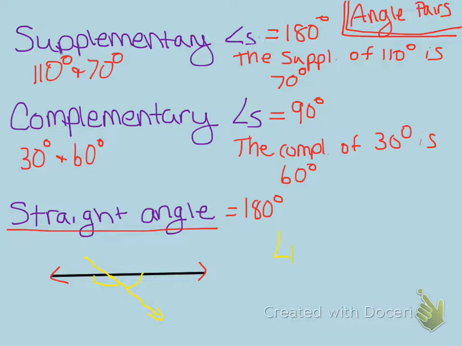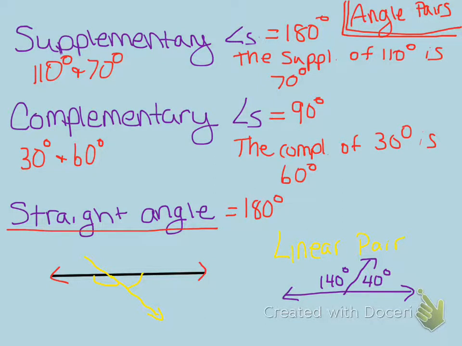We call that a linear pair. That is two angles that create a straight line. So here's another example. If this is 140 degrees, this must be 40 degrees. You're going to see linear pairs throughout the year.